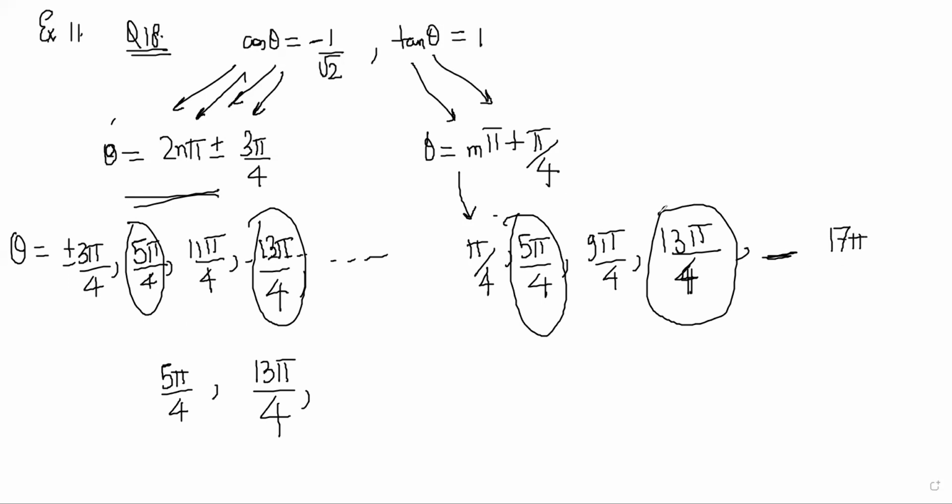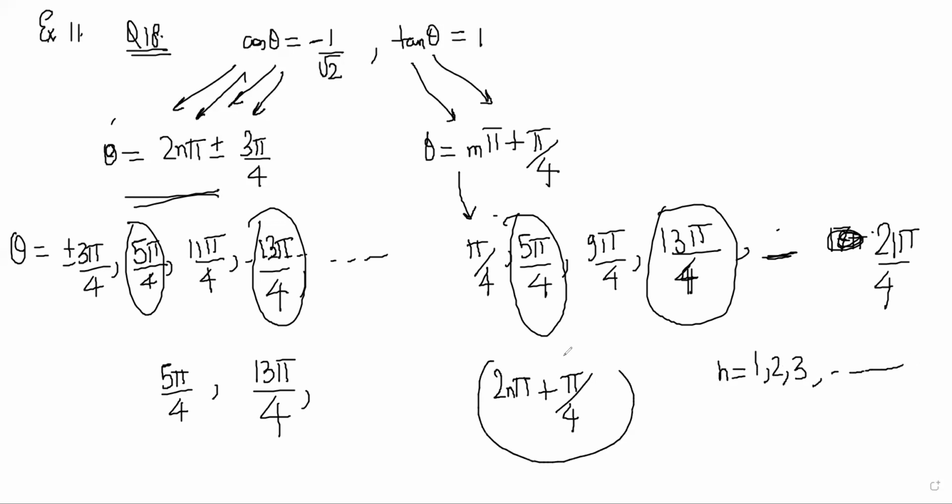No, wait. This is n, how much? n was 2. No, n was 3, 4, 5. 5 pi plus pi by 4. So 21 pi by 4. It is at a gap of 2 pi, right? Yes, sir. So 2n pi plus pi by 4, where n can go from 1, 2, 3.